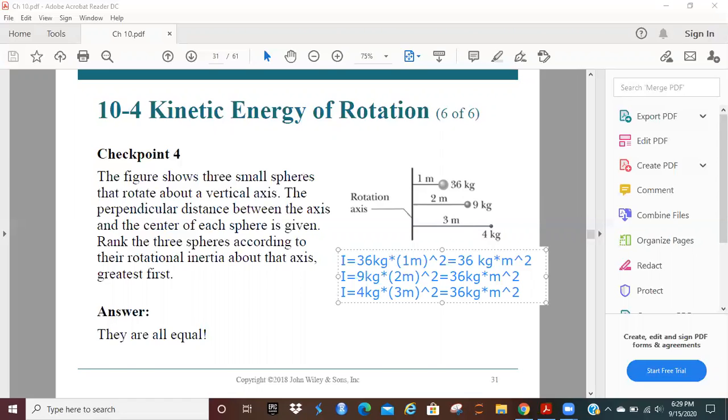All of them are the same. Because remember, the mass is being multiplied by the distance squared. And the masses, as you keep getting further out, they don't have to be as big in order to have the same rotational inertia.